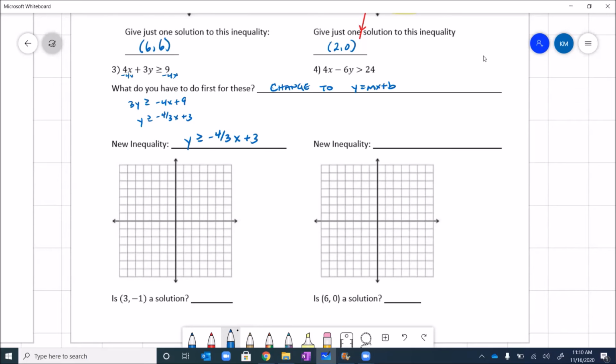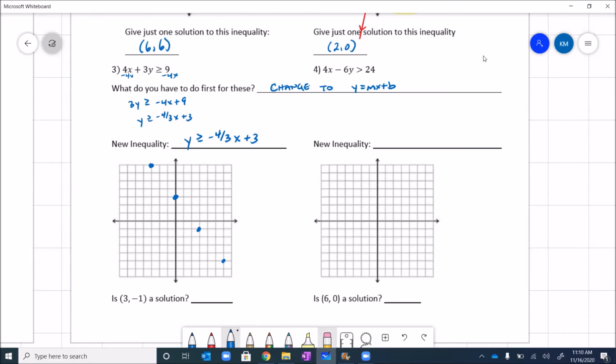My y-intercept is 3. 1, 2, 3. My slope is -4/3. Goes down 4, 1, 2, 3, over 1, 2, 3. I could go up 1, 2, 3, 4, and over 1, 2, 3.